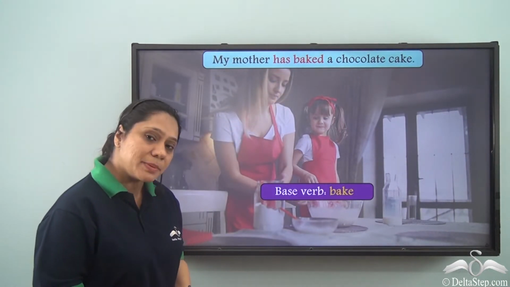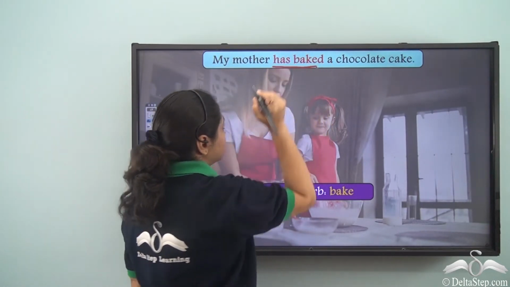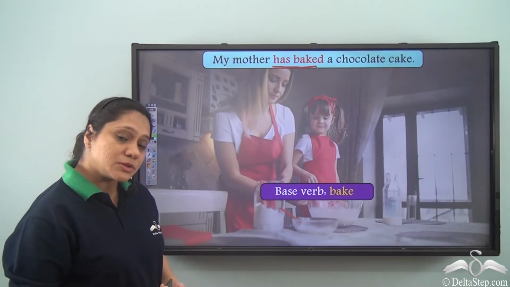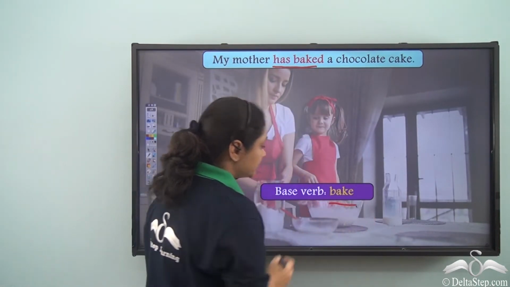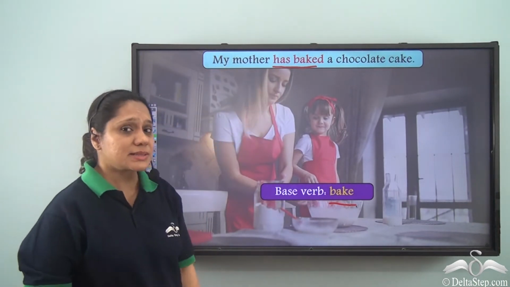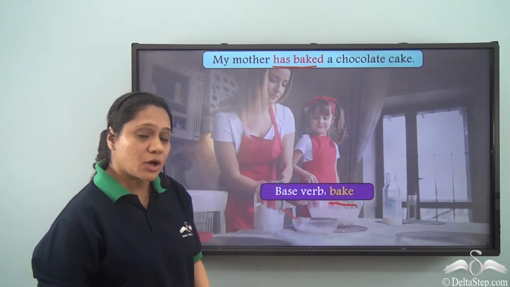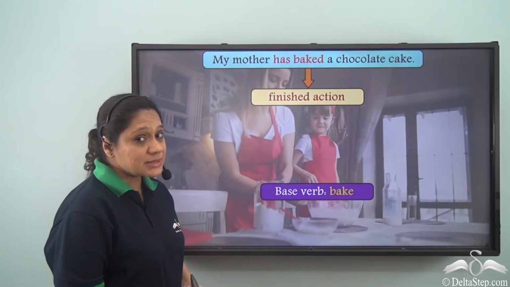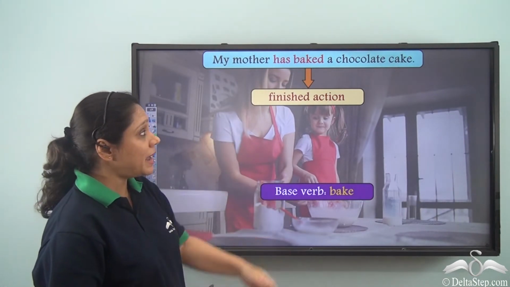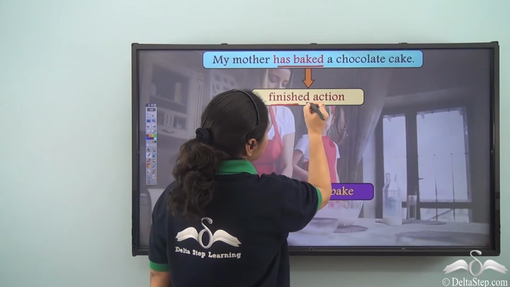What is the verb in this sentence? Has baked, and it is formed from the base verb bake. When we read this sentence, "My mother has baked a chocolate cake," what do we understand? We understand that has baked shows us an action which is finished.